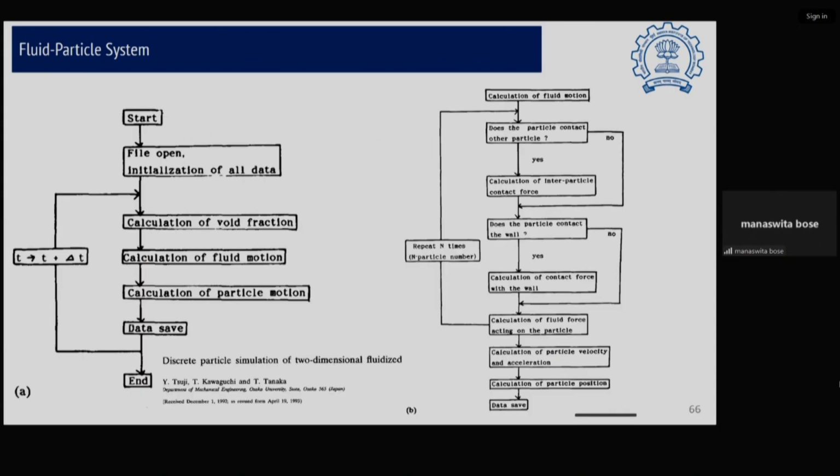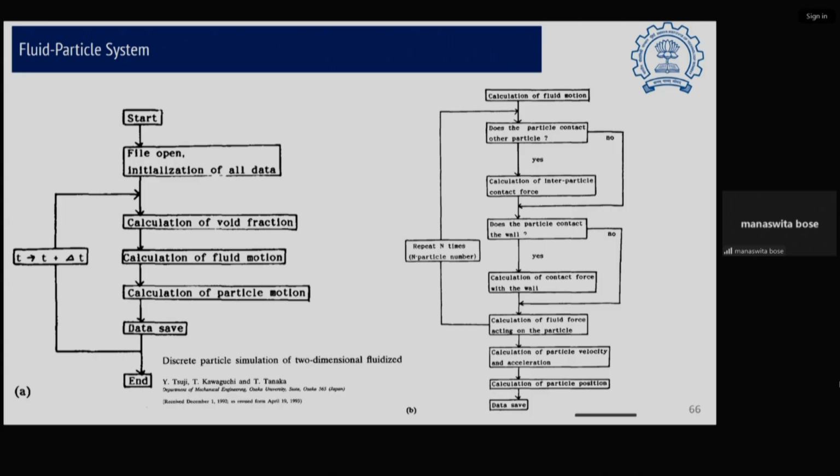We have said that within every fluid time step, there are multiple particle time steps. What do we mean by multiple particle time steps? Now that we have gone through the DEM, at each particle time step the DEM equations are solved.